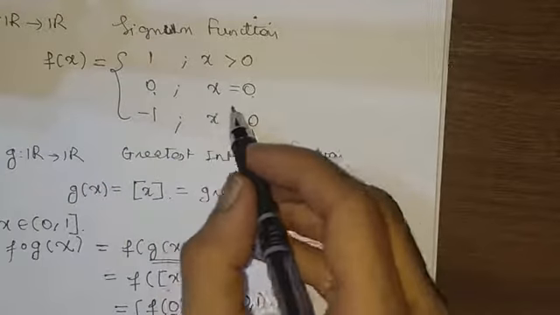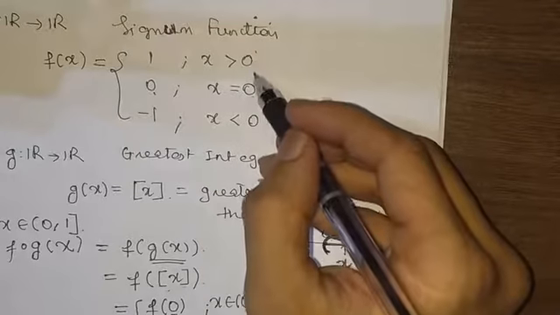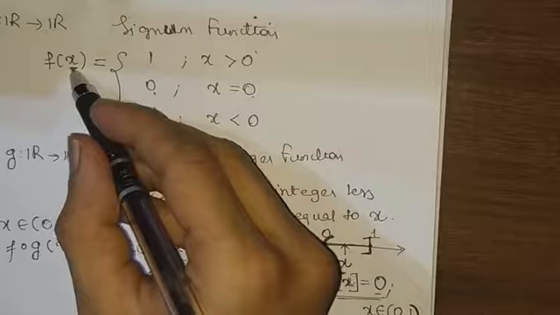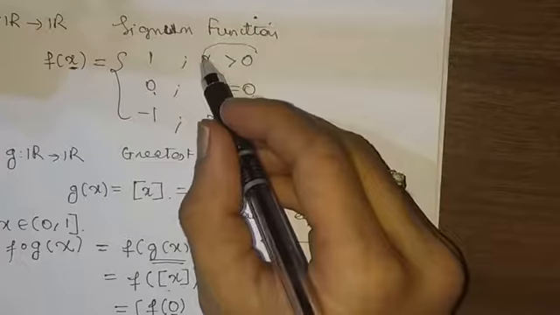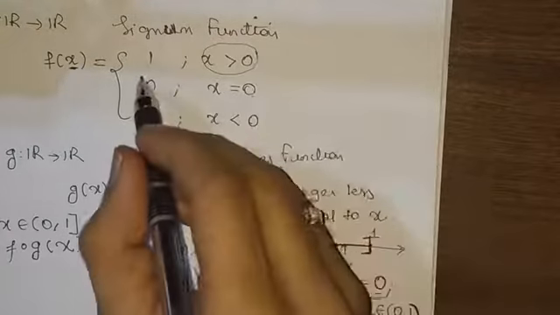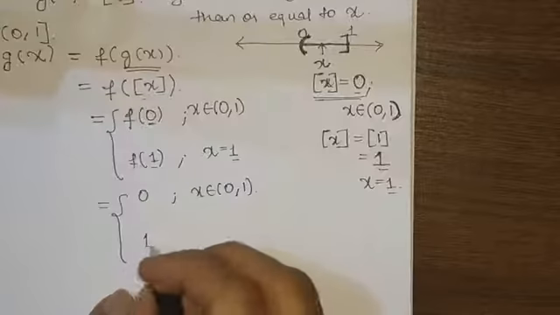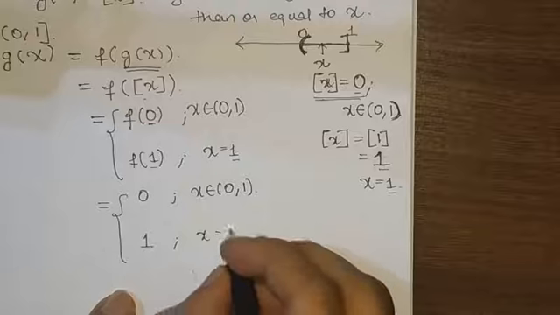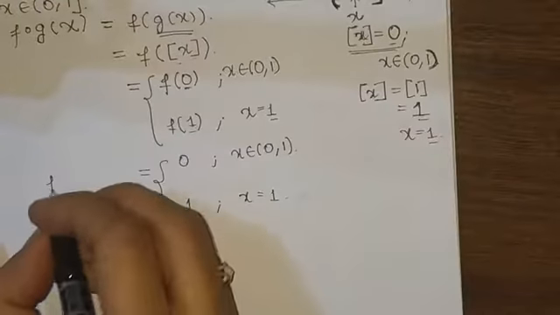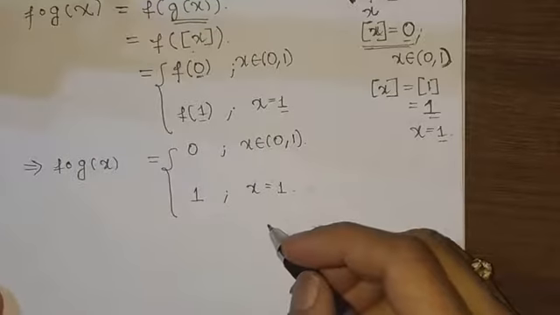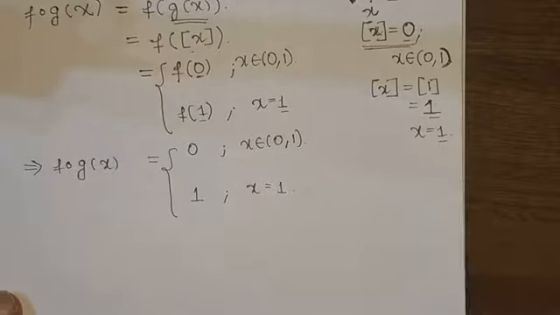F of 1 means, which definition you have to take? We are calculating f of 1, x is equal to 1. Now 1 is greater than 0, right? So the definition of the function is 1. So f of 1 is 1, and this is when x is equal to 1. So you get f composition g of x as this, right?